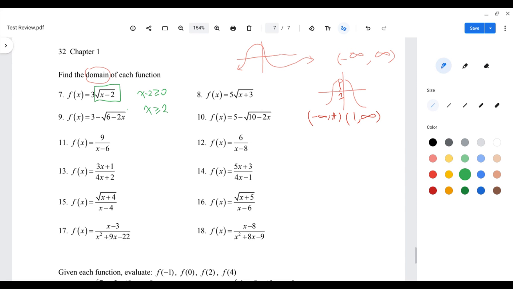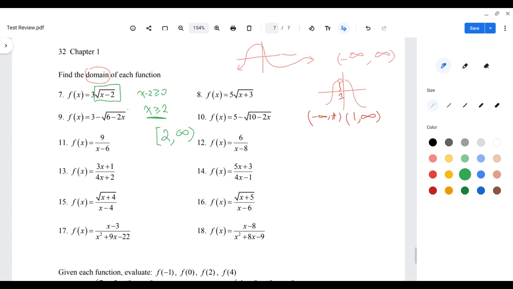When you write your notation, remember how we write the notation here? x is larger than or equal to 2. So we have a number 2, right? Number 2 is the smaller number, and it's equal, so it's a bracket on the left side. And then x is bigger than 2, so x goes all the way to the right, to positive infinity. So that is your domain.